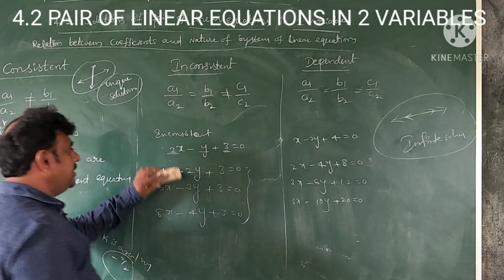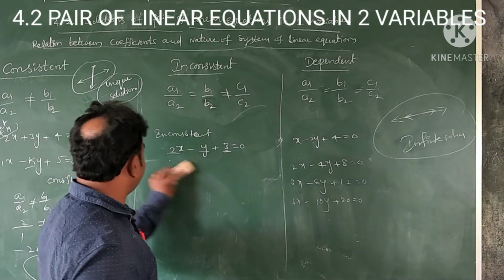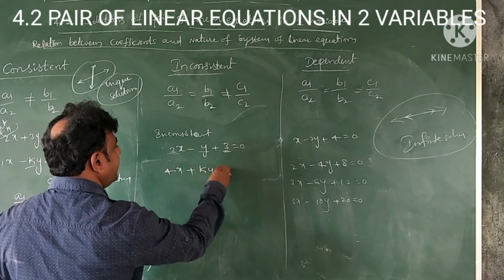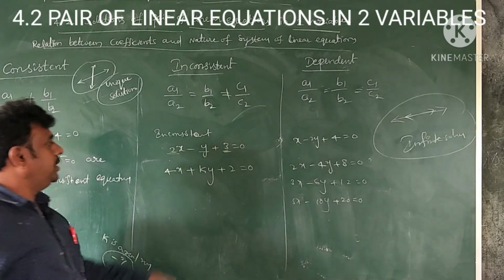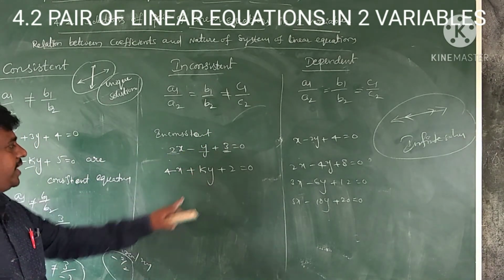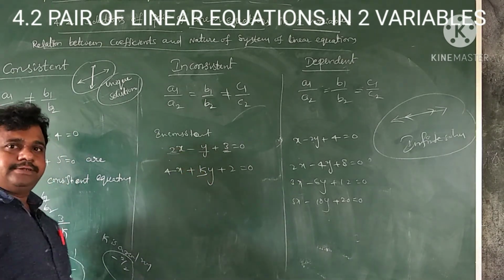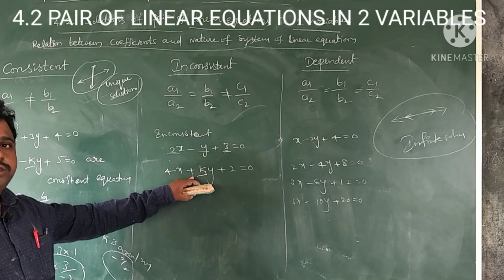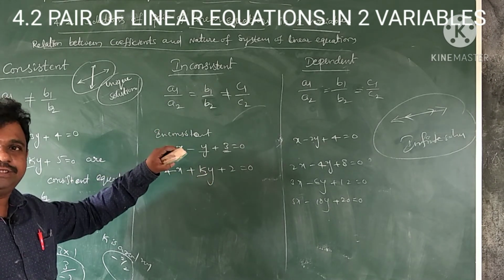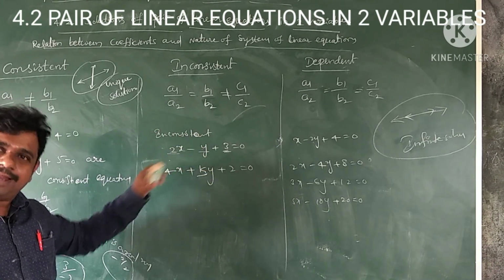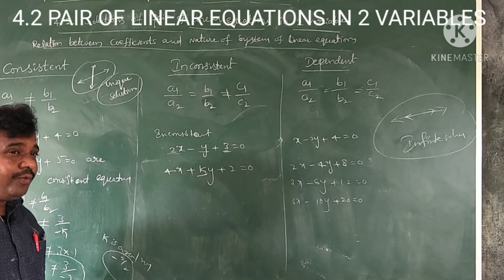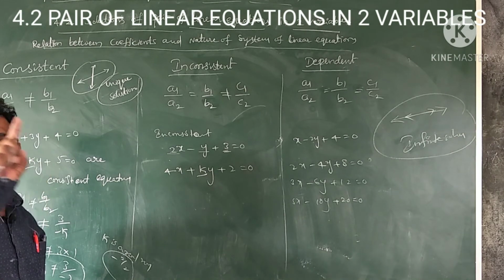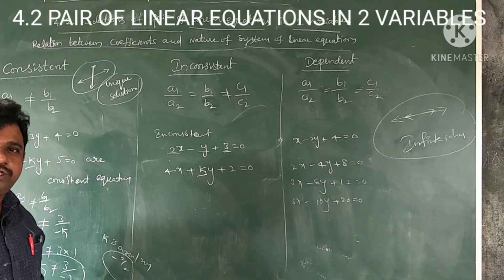Same, students, if we have another question: 4x plus ky plus 2 equal to 0. For what value of k are these two inconsistent equations, or these two parallel lines? Parallel lines means they are inconsistent equations. They do not have any solution.